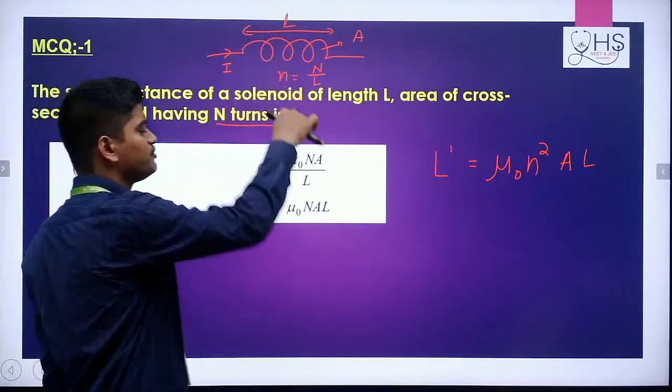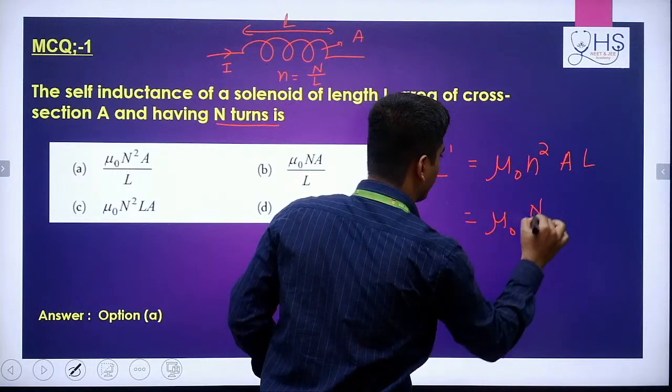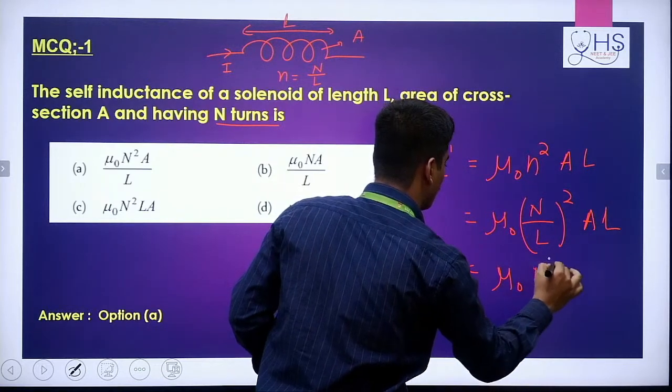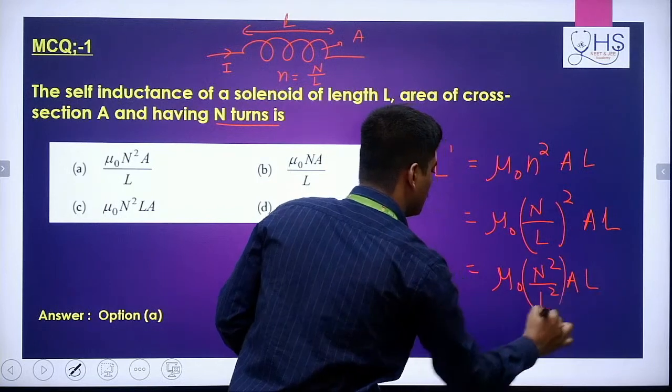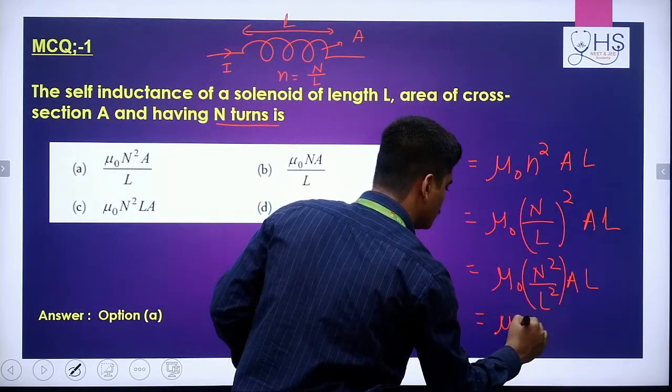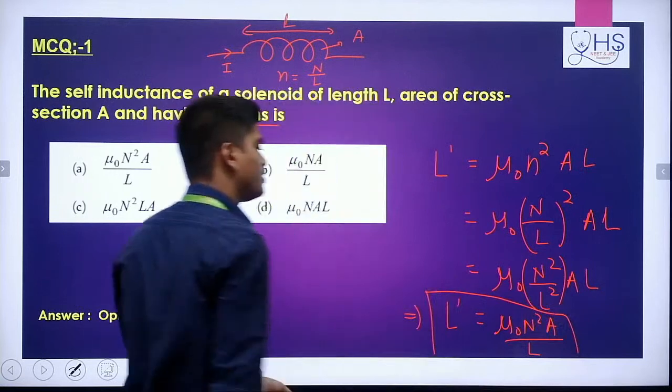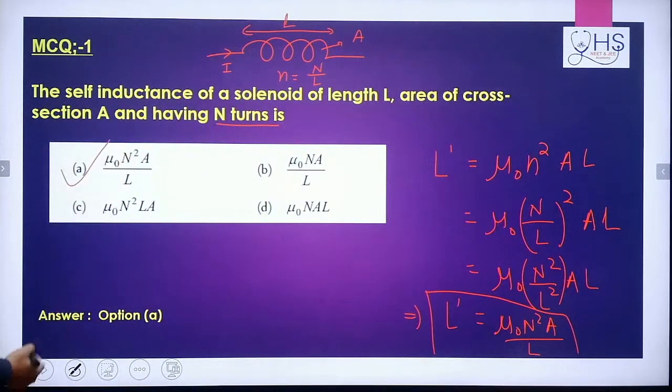So definitely you have to change small n to capital N by L. Now, mu naught N squared by L squared into A L. If we cancel L and L squared, it will be mu naught N squared A by L. Here L prime is nothing but mu naught N squared A by L. So the first option is correct, and the answer is option A. The self-inductance of a solenoid is mu naught small n squared A into L, but if small n is changed to capital N by L, then the answer comes as option A. Try to understand that.